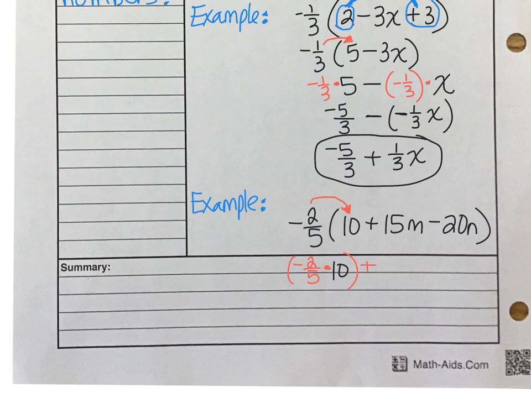plus, let's make that black. There we go. I'm going to take my -2/5 and multiply times 15m. That's supposed to be in red. Let me change that.